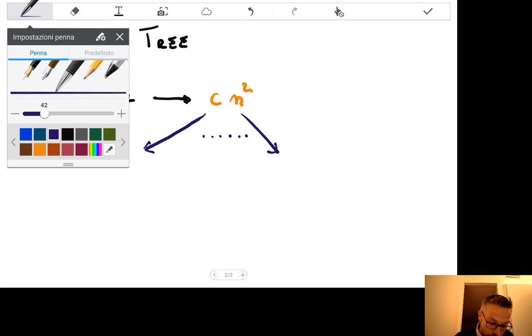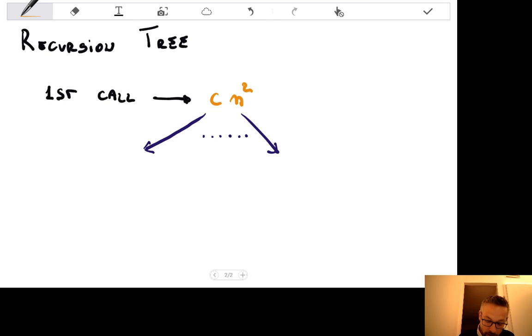Well, of course, let me change color again. Their complexity will be c, because the c is preserved, times what? Now, the first call needs to sum up objects whose size is n squared. Okay. Now, after the first call, we need to sum up objects whose size is half of the previous size.